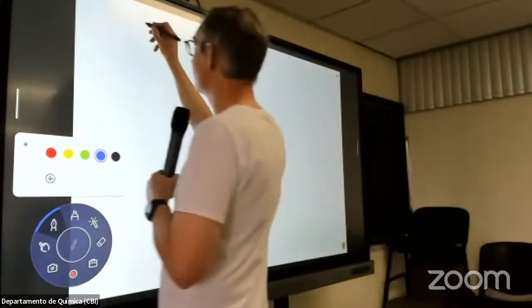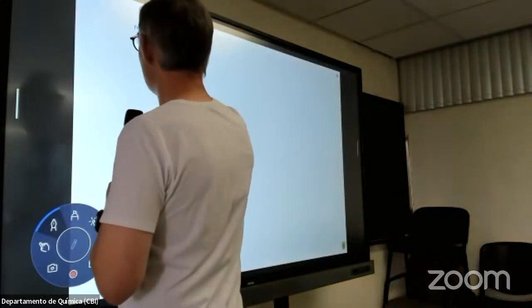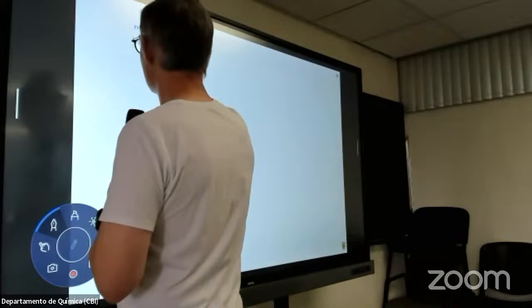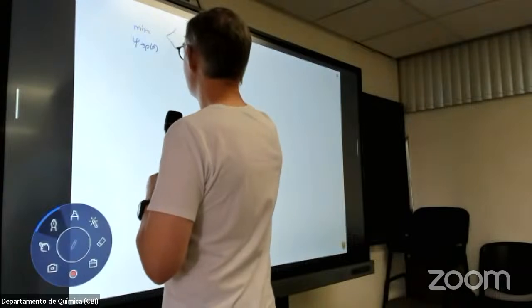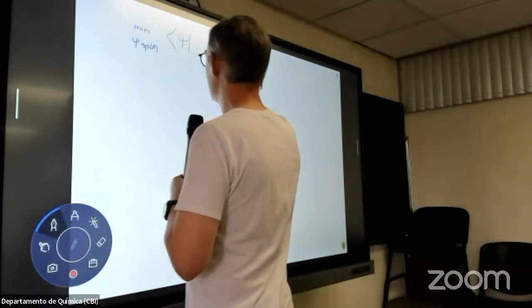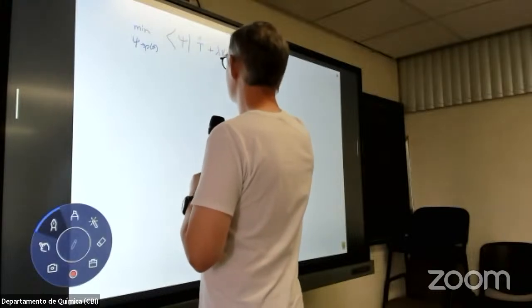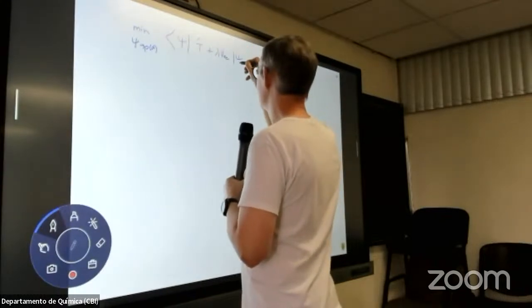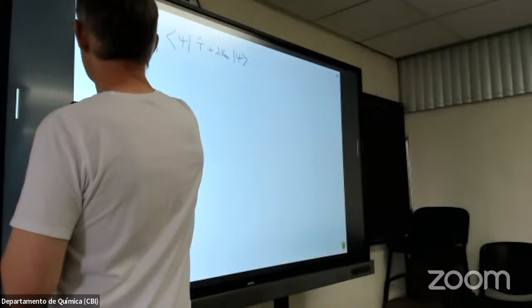So we're going to do a minimum over wave functions that give densities. And we call this F lambda.